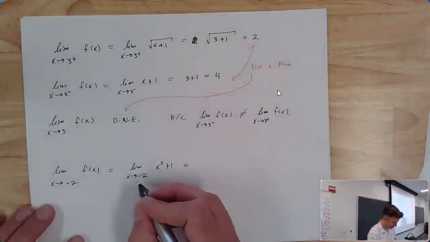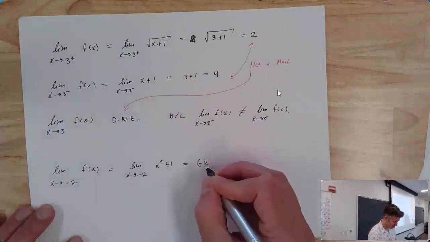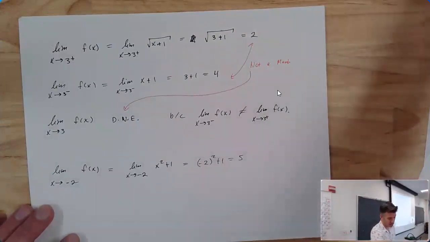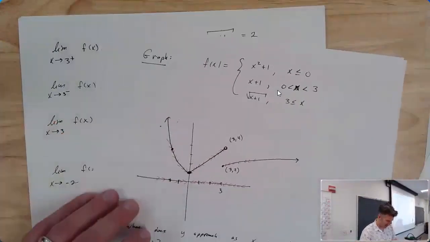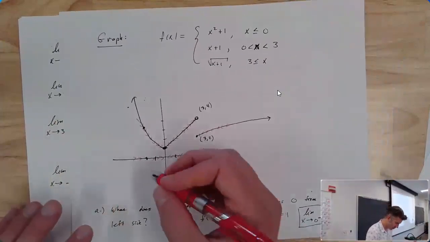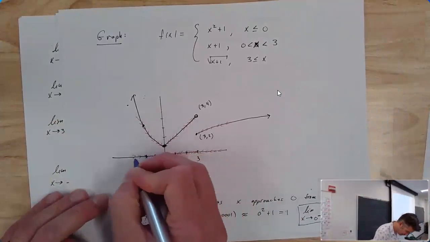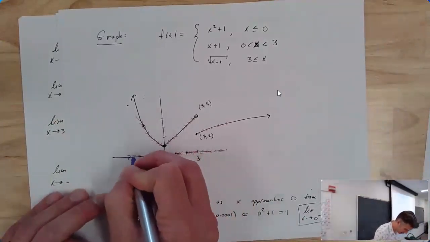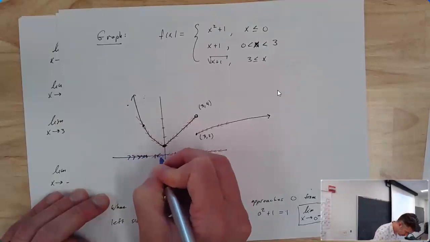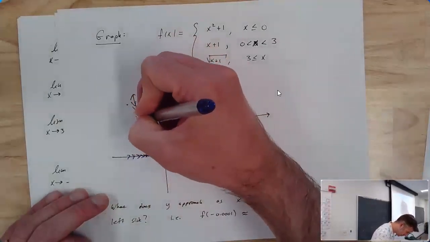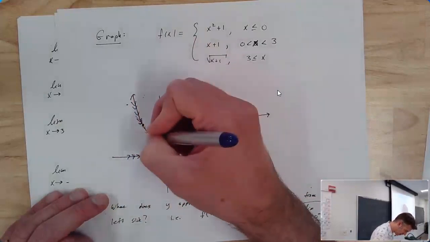And so if I plug in -2, I get -2 squared plus 1, which is just 5. So again, what we're saying here is as x is getting closer and closer to -2, either from the left or from the right, the graph is getting closer and closer to that y value, which should be 5.